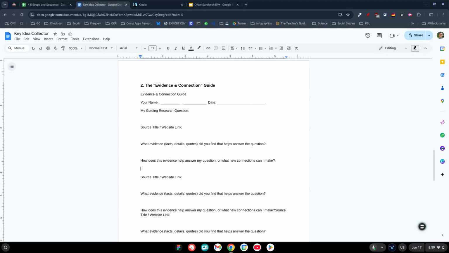Well, how does that help me answer my big research question of how big is our galaxy? Well, now I actually have to take that information and think about it a little bit more. It's not that I just wrote it down, but now I have to actually understand it and make connections in my own mind. So, those are some organizers that could help you do some note taking with your students.